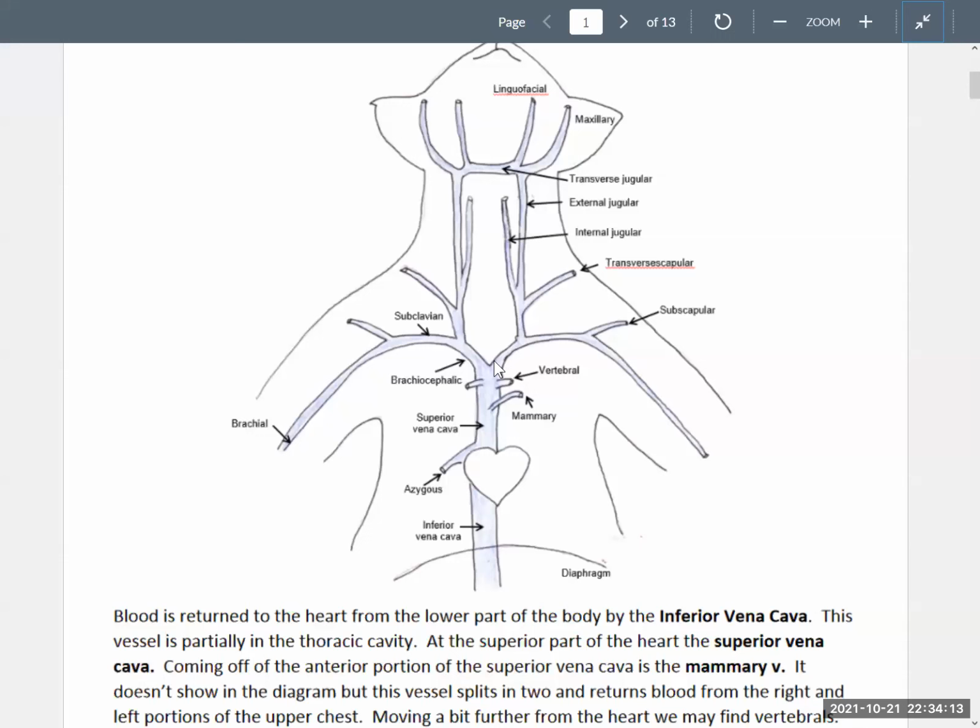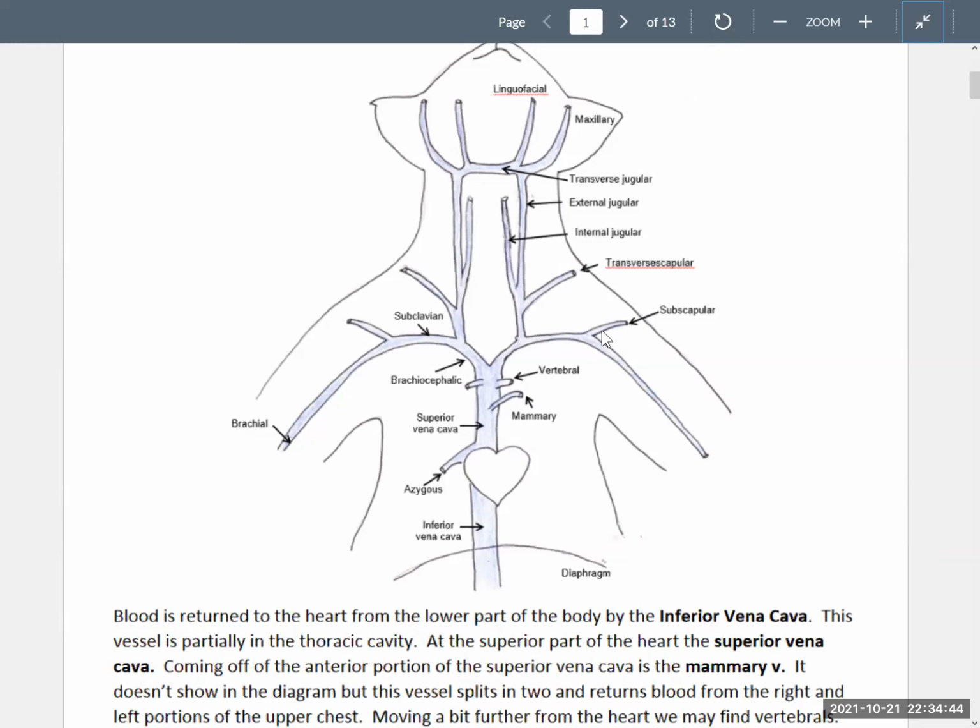So looking at it on the other side, here is the brachiocephalic. Here is the external jugular going up the side of the trachea. And then immediately after it is the subclavian. The subclavian continues until a vessel comes off of it, the subscapular, and it goes behind the scapula.